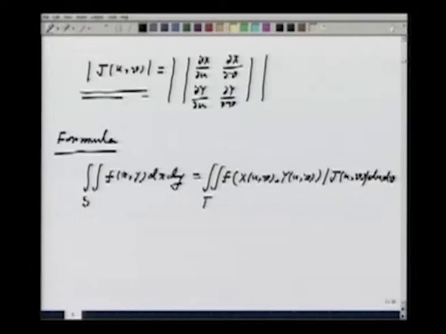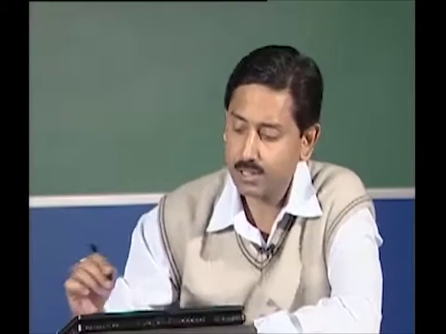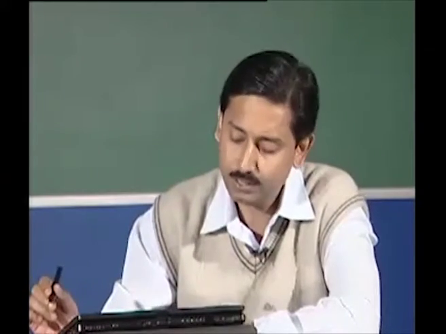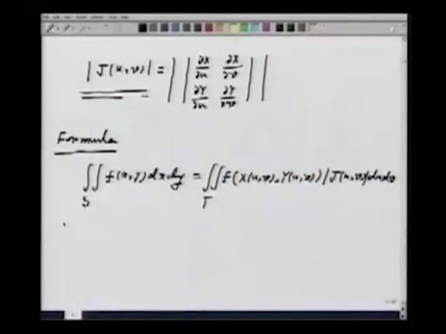Now we are not going to prove this formula. Let me just assume this. For this, I need certain hypotheses, that is that X and Y have continuous partial derivatives.